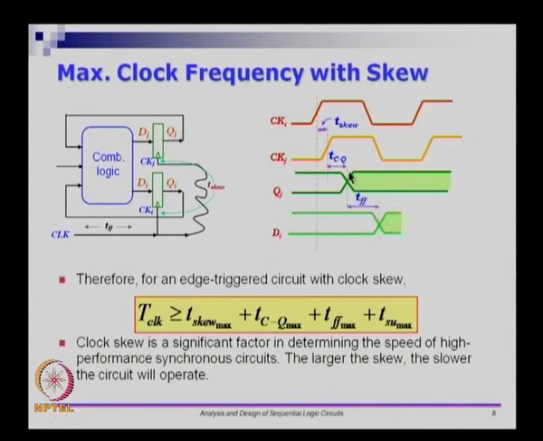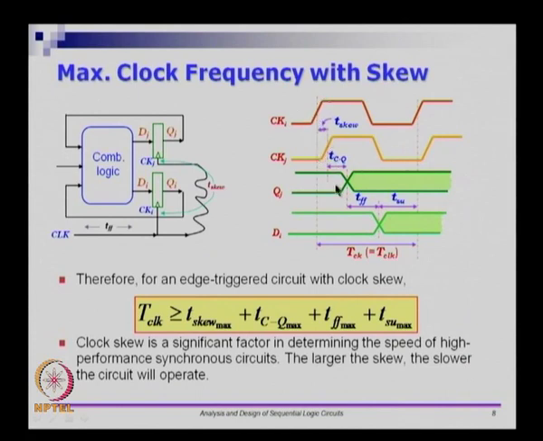Then you take TFF time units through this combinational logic, then DI gets ready, and DI must be ready at least a setup time before CKI comes. So this is the launch edge of the data and this is the landing edge.